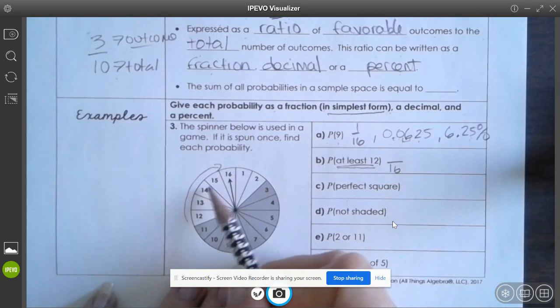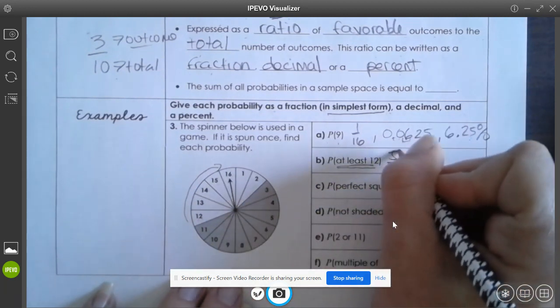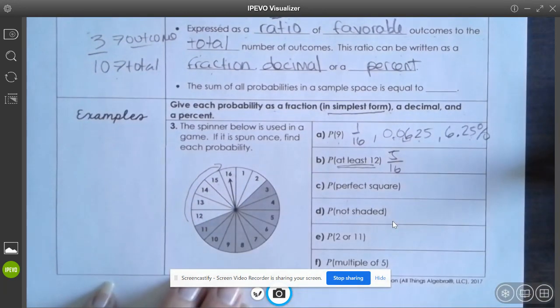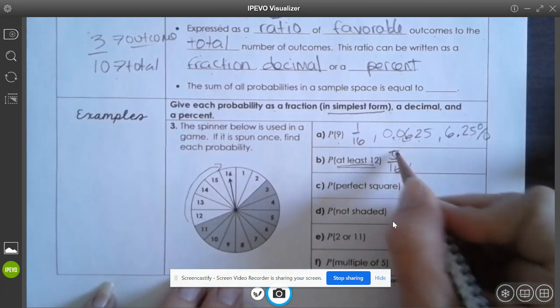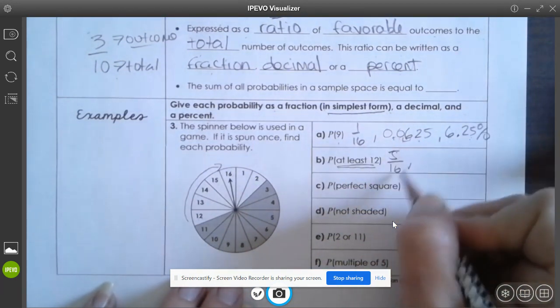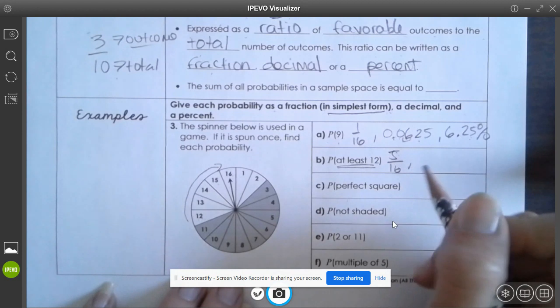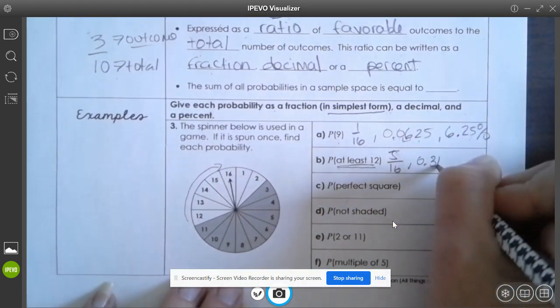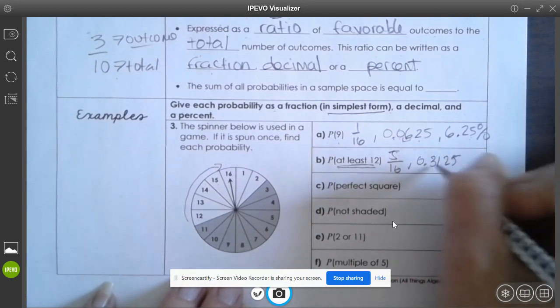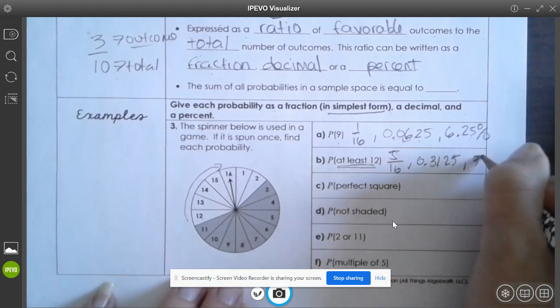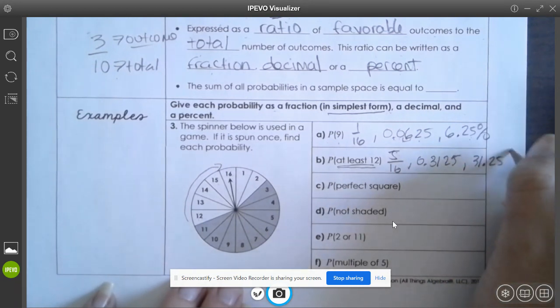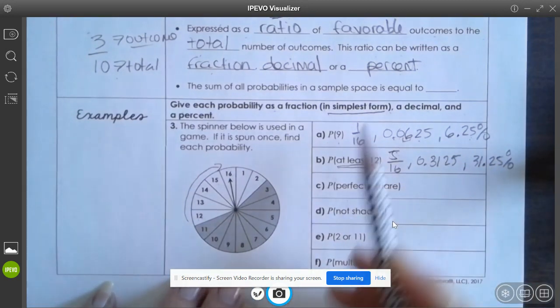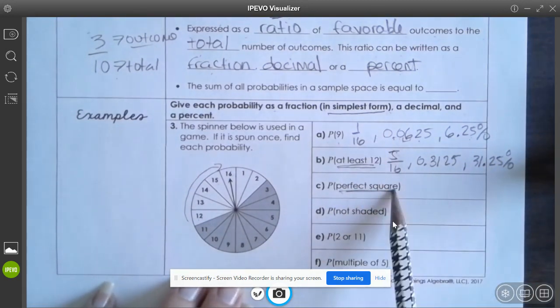So 1, 2, 3, 4, 5, that will be your probability that you get at least 12. Now you divide 5 divided by 16. This is the simplest form because 5 and 16 don't divide. So it would be 0.3125. That times 100 is 31.25%.